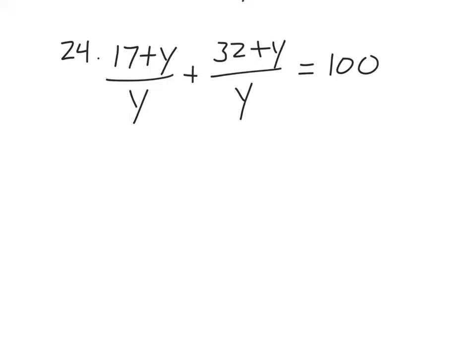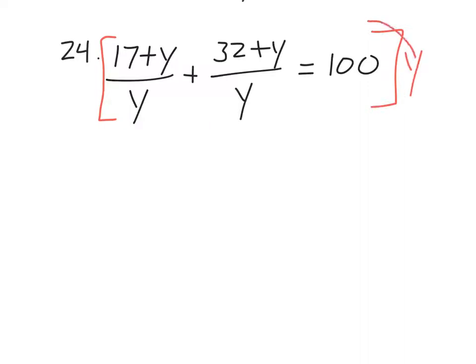So what I want you guys to keep in mind is that you're allowed to multiply by anything in an equation that you want, so long as you multiply every term by that. And so I'm going to use the same idea that we had for those big compound rational expressions, those big fractions inside of fractions. And I'm going to say, I don't like these y's down here, so I'm going to multiply everything by y.